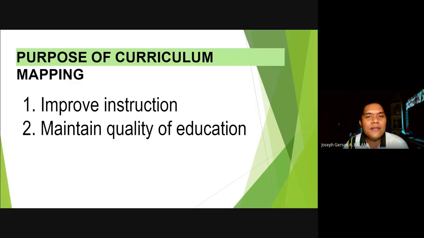Now, if the results will give some differences, you can check whether your processes, your strategies, your activities might have something to do with it. So therefore, you can use another activity or provide another set of experiences, or even your assessment itself must be the problem. So you therefore maintain, in number two, quality of education.